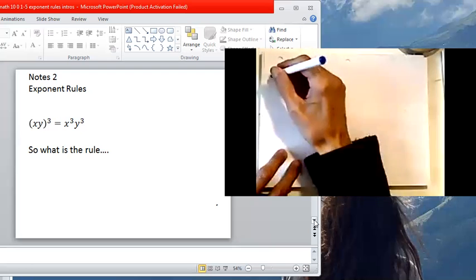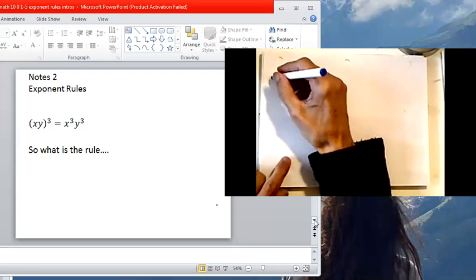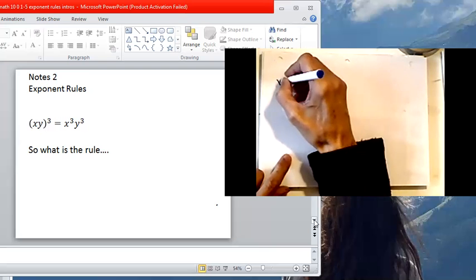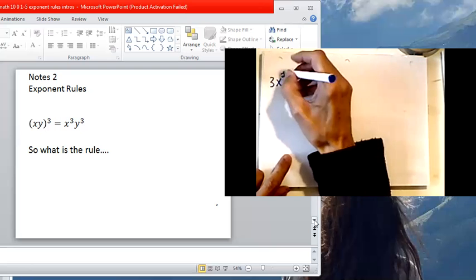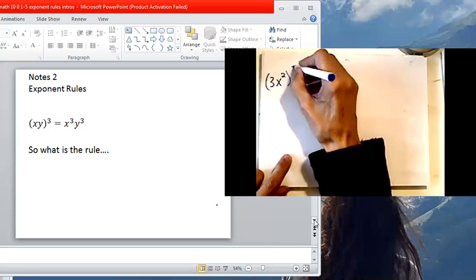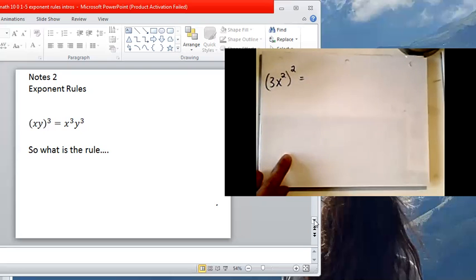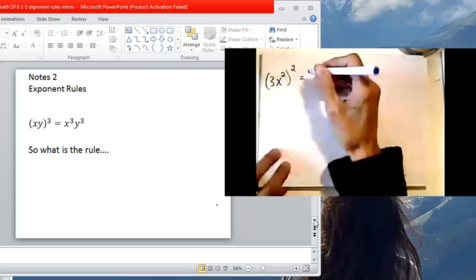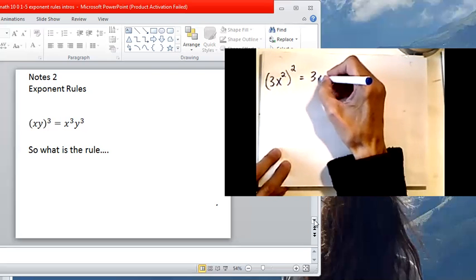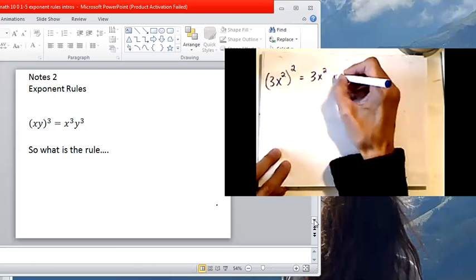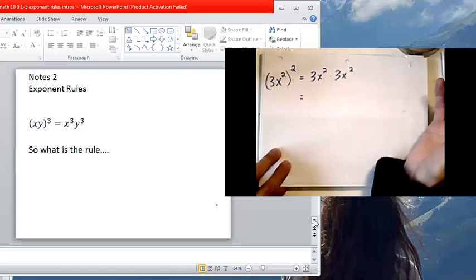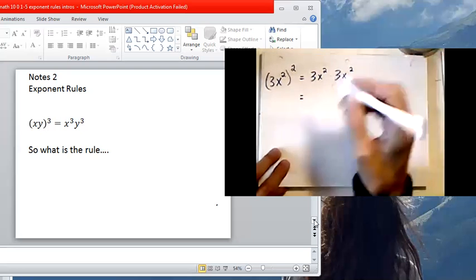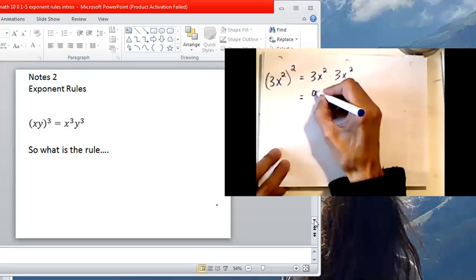How about 3x squared to the power of 2 like this. So 3x squared times 3x squared. Nice. What is the number part? 9. Yeah, it'll be 9, for sure.